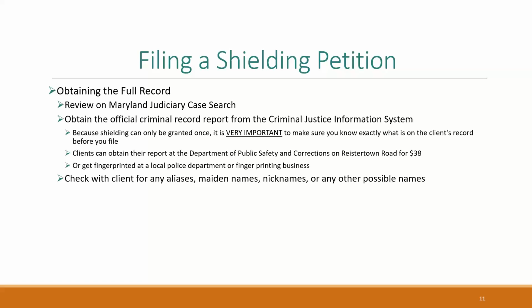Our policy within our organization when we're filing shieldings is that we do require a criminal record report from CJIS, the Criminal Justice Information System, or one of these other sources listed on the slide. So you want to do that case search analysis, get their criminal record report, and also talk to the client to make sure you understand everything that's on their record before you file anything with the courts. Because of that, you can only file one time.